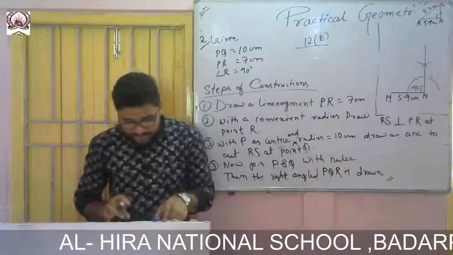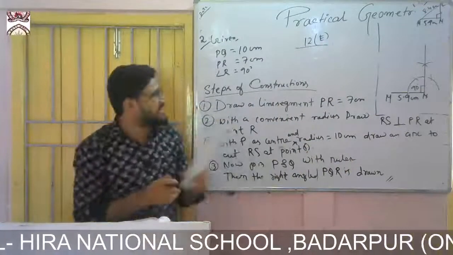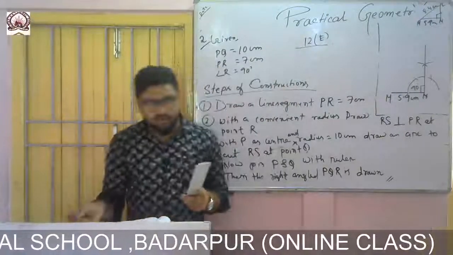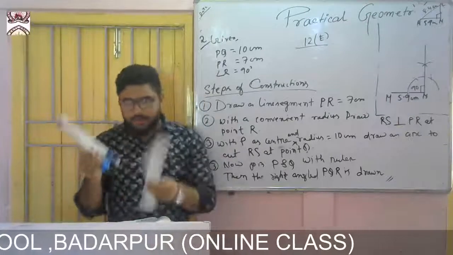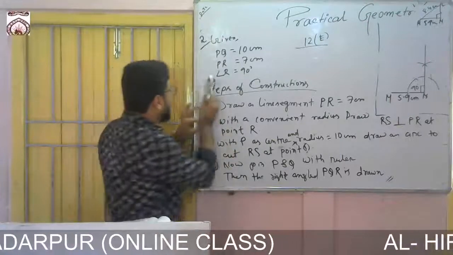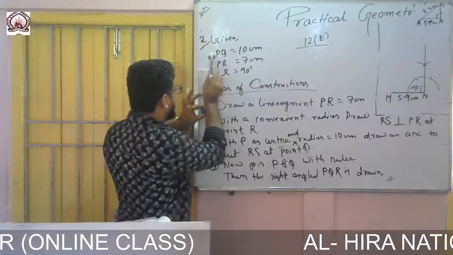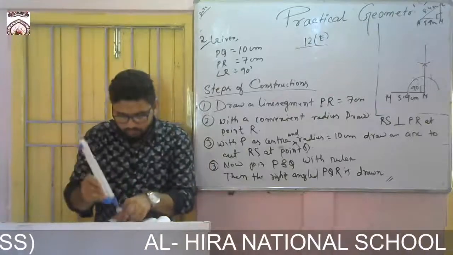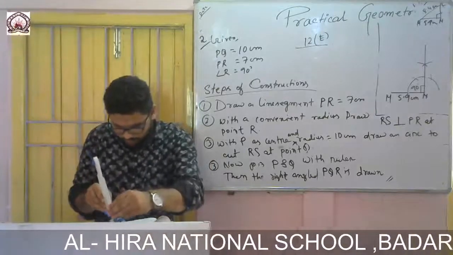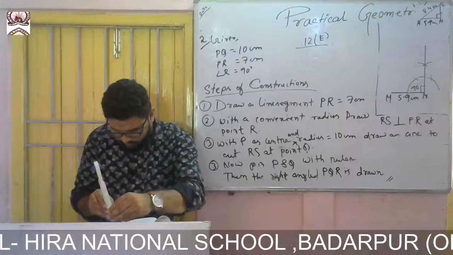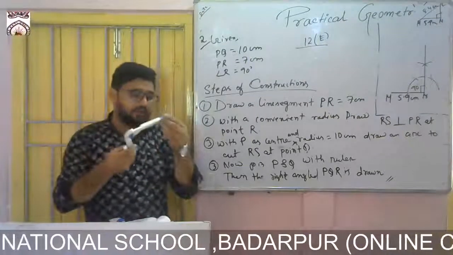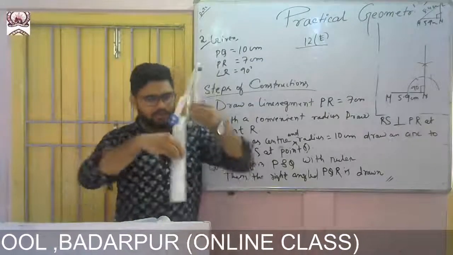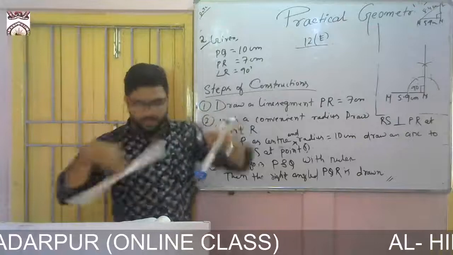Now let us find point L. LM, how much is given? 8.4. With the help of the ruler, take 8.4 from there. Okay, 8.4 taken. Like this, 8.4 centimeter you take from the ruler.